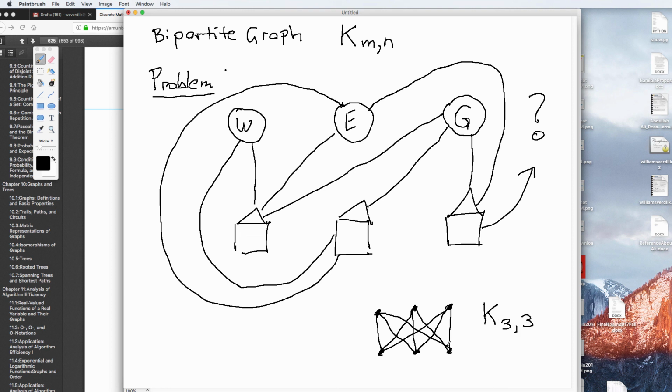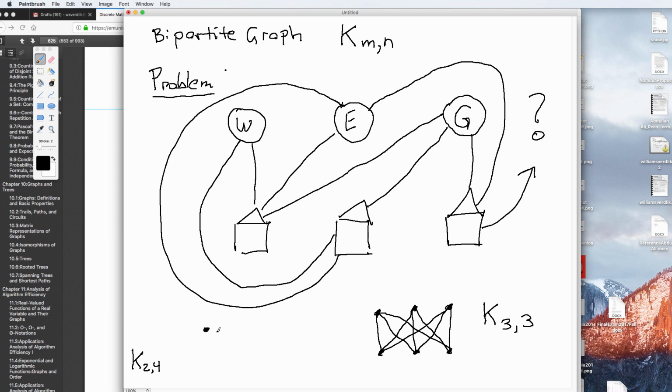In other words, I have a set of 3 vertices over here, and I have a set of 3 vertices over here, and I consider them as separate sets. And what I do is I connect every one in one set to all the other ones in the other set.